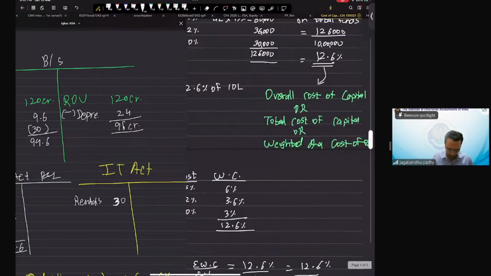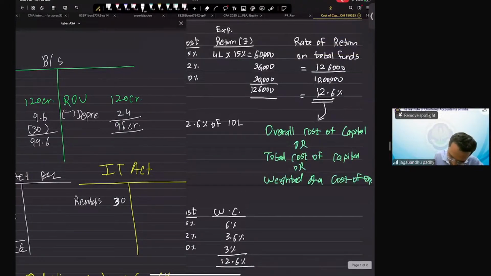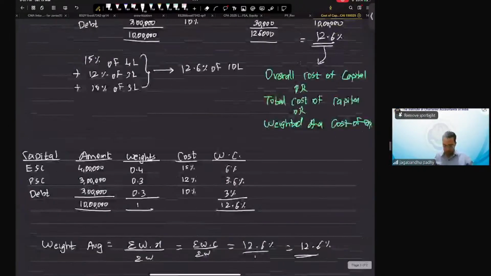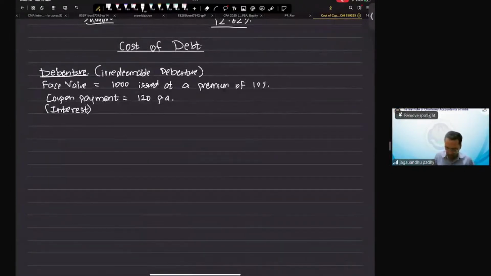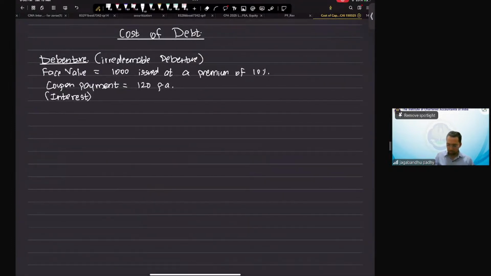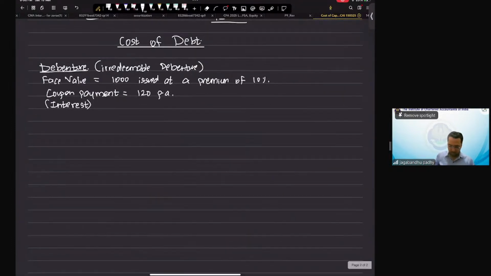Right? So how do we calculate what is the per annum cost for us? How do we calculate the per annum cost?